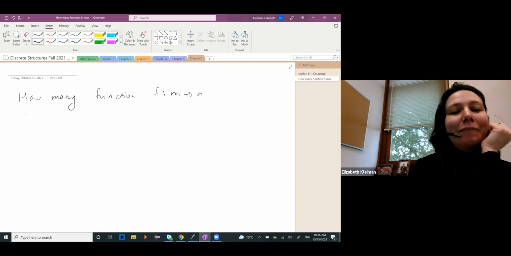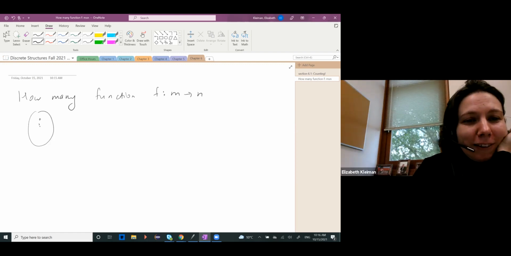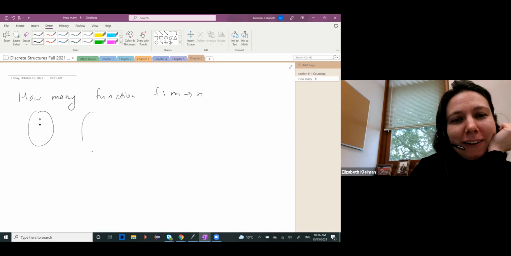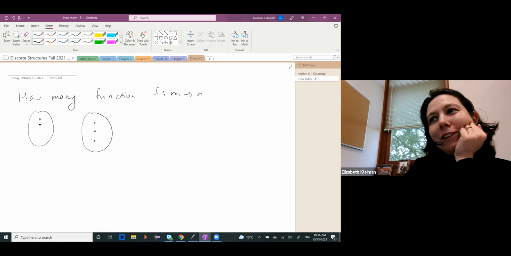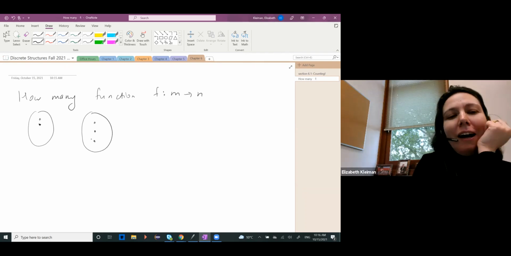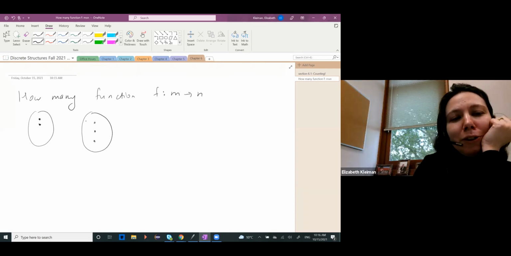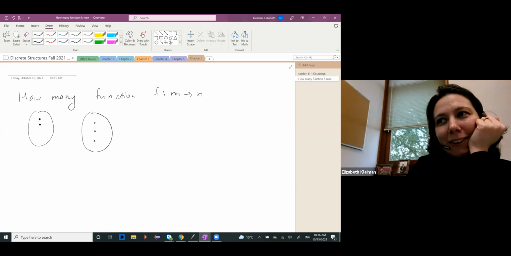So what I'm doing, I have 2 dots here, and I have 3 dots here. How many options does my first dot have? 3, correct?